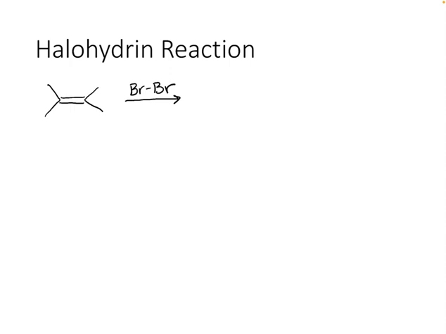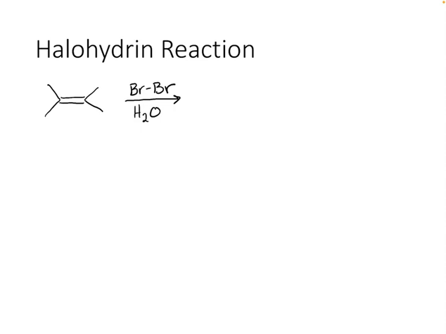But bromine is a liquid, so that's much easier to use in this instance. Additionally, chlorine can oxidize different molecules, and that's not what we want to happen here. So bromine is the halogen that's typically used. Anyway, if we want to add an alcohol as well, then we're also going to use water. So we have two reagents here that we're going to use.